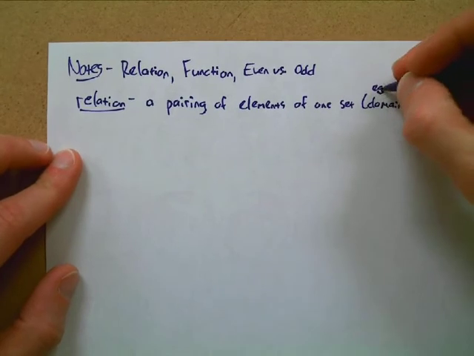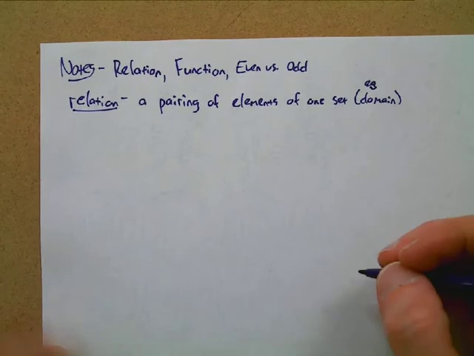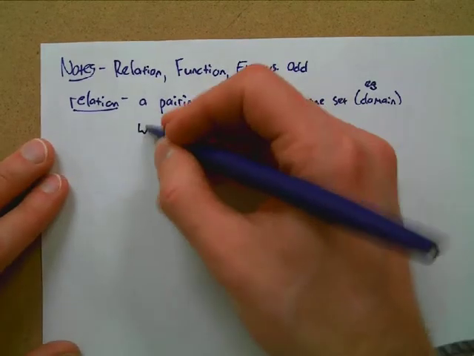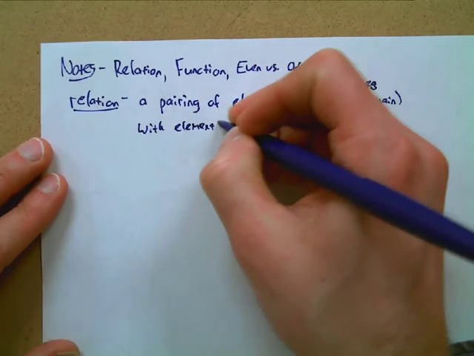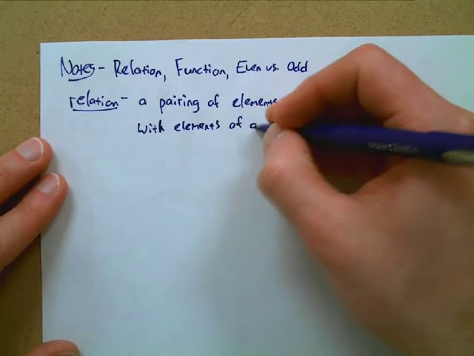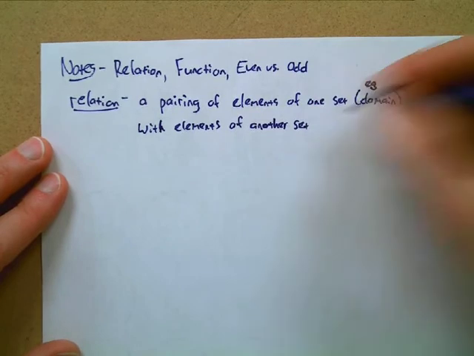A good example there would be the domain. A pairing of elements of one set, like a domain, with elements of another set. And typically, again, in Algebra 2, that's going to be a range.